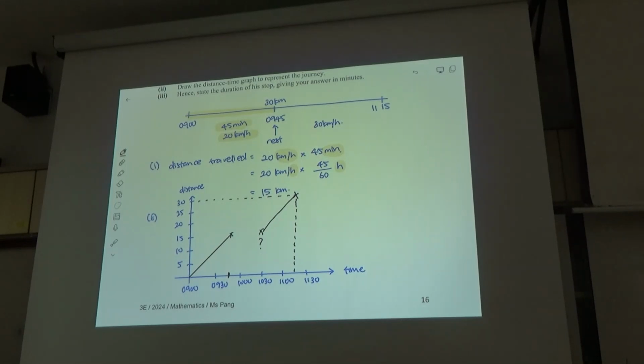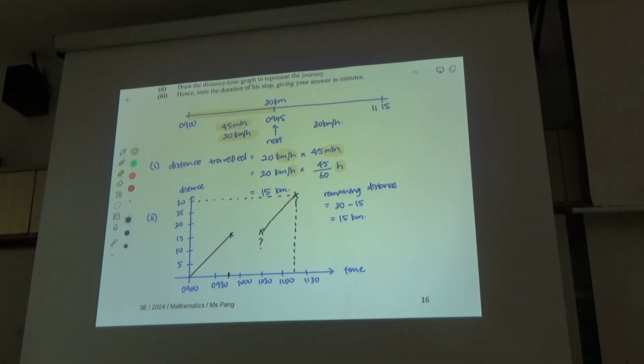Let's think about it logically. This entire journey is 30 kilometers. The person has already traveled 15 kilometers. What is the remaining distance left? The remaining distance left will be 15, because 30 minus 15.